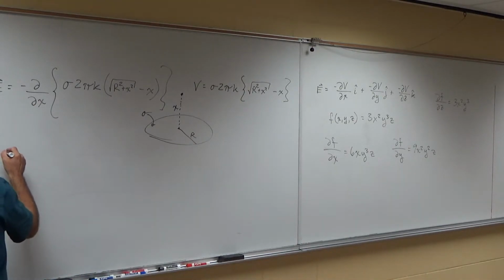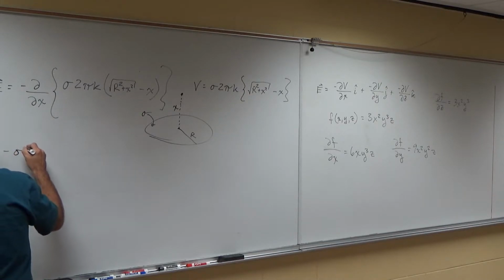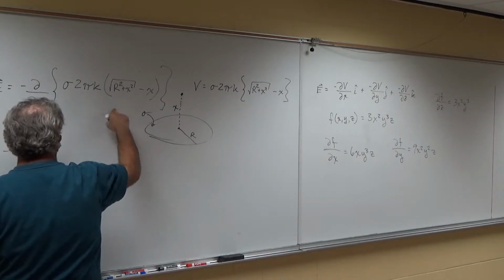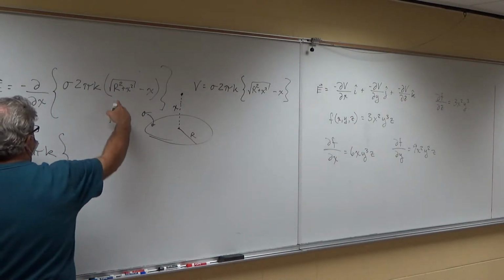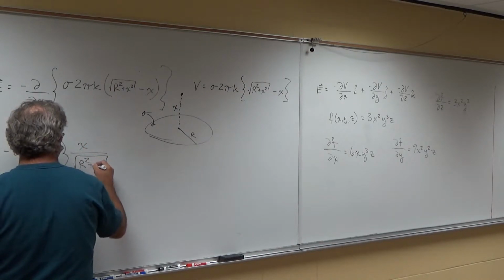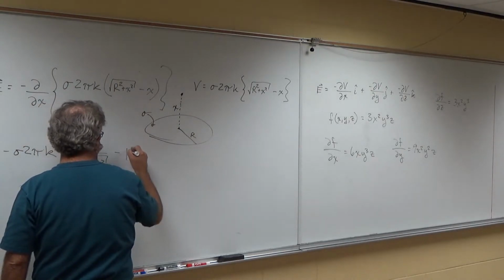So this is equal to negative sigma over 2 pi k. Then I have to differentiate this with respect to x. That becomes x over the square root of r squared plus x squared, minus 1.